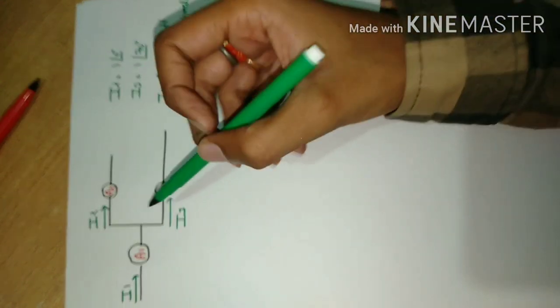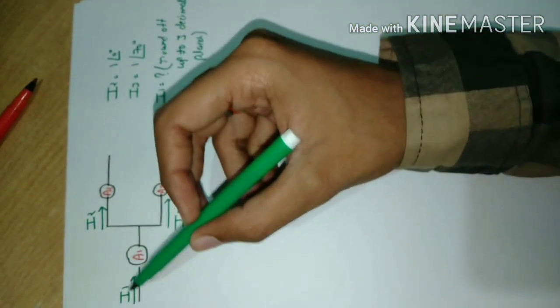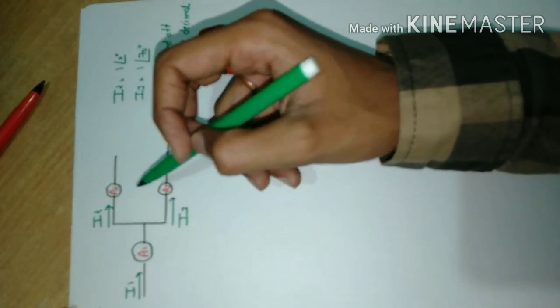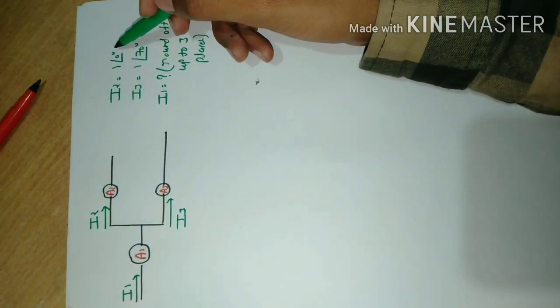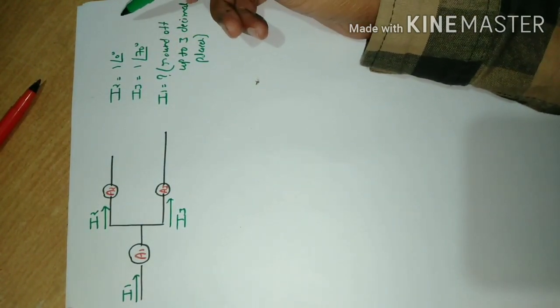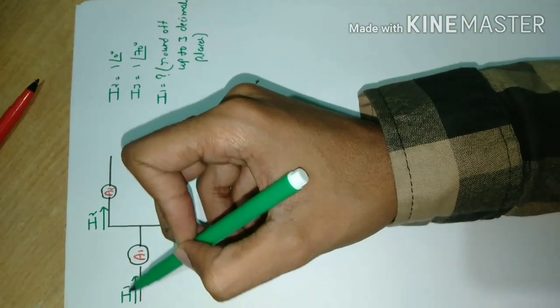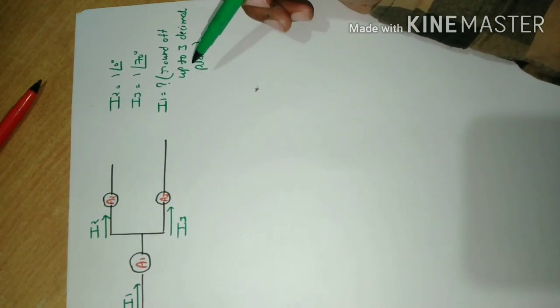Next question: the figure shows I1, I2, I3 flowing through ammeters A1, A2, A3. The values of I2 and I3 are 1 at an angle 10 degrees and 1 at an angle 70 degrees. We have to determine the current I1, how much current flows through ammeter A1, rounded off to 3 decimal places.